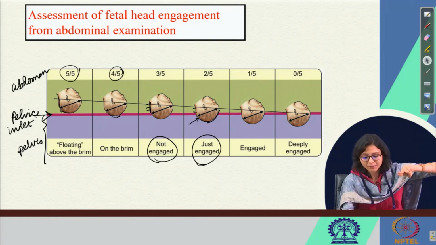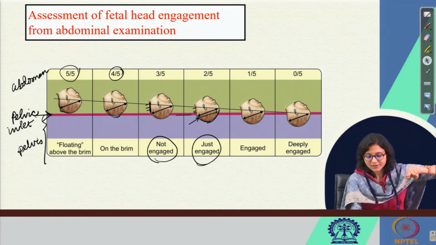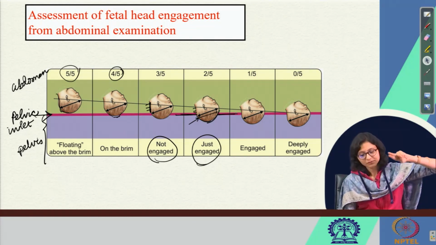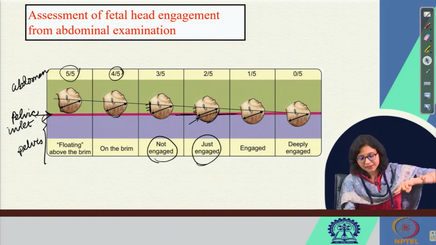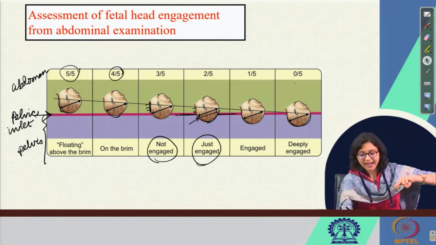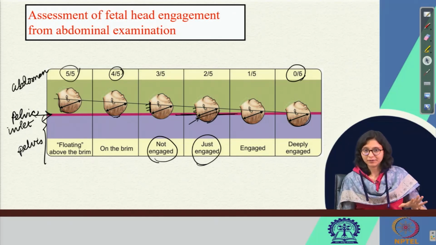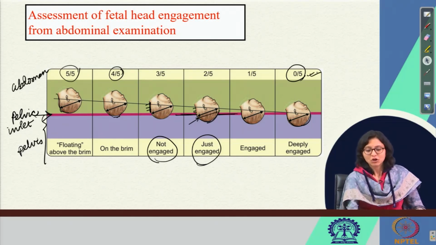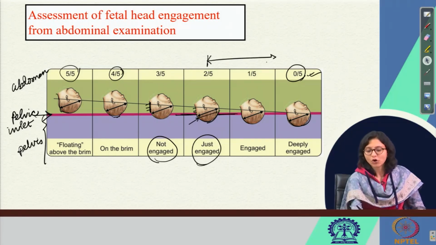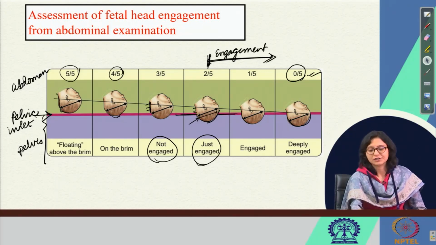That means this biparietal diameter, the maximum transverse diameter, has just crossed the pelvic inlet. It goes further down, and the whole head of the fetus will be inside the maternal pelvis, and you cannot palpate any part of the fetal head per abdomen, that is 0 by 5. So starting from 2 by 5 onwards, engagement is said to have occurred.